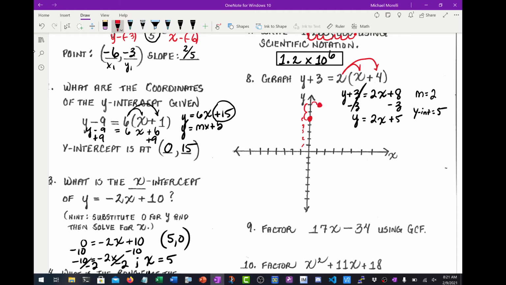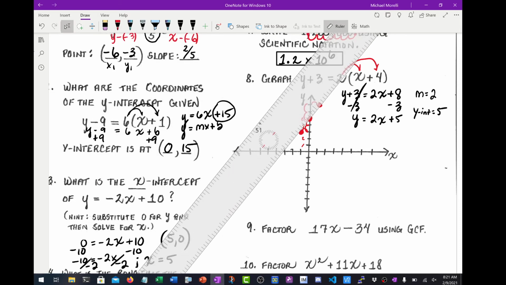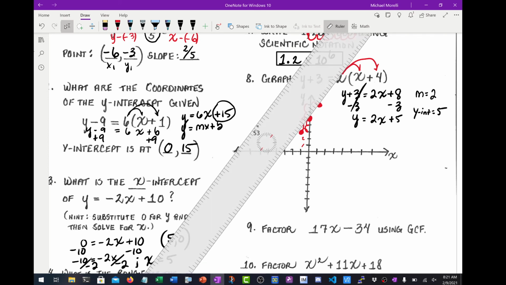So we've kind of run out of room here, so a little trick is to go back to the y-intercept and go down 2 and to the left 1. So you can get yourself a second point there. Now you need to take a straight edge and draw a line passing through all those points. Just try to get it perfect. Oops. Here we go.